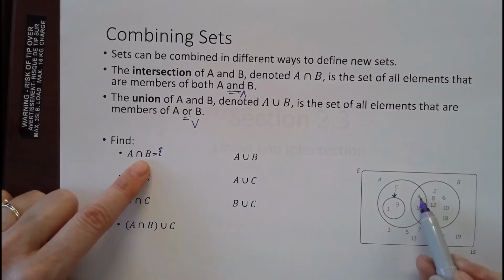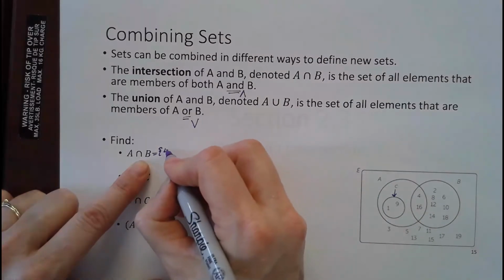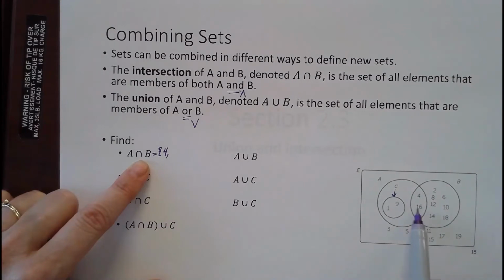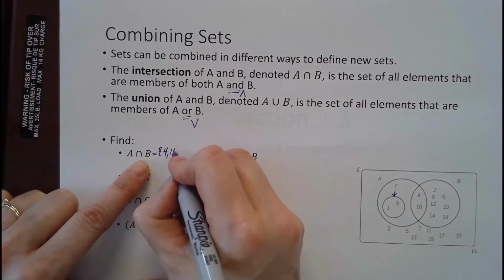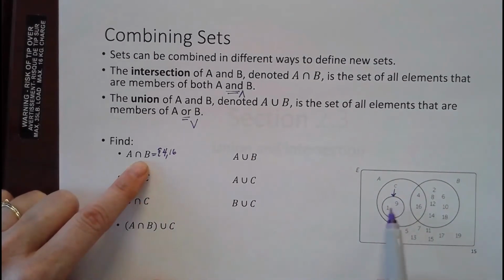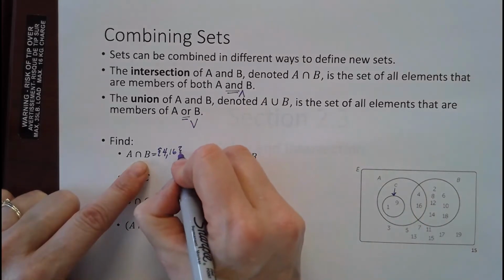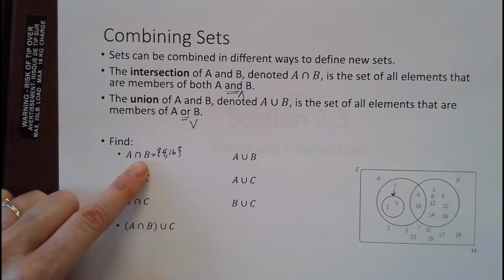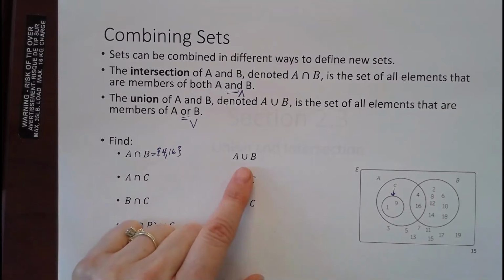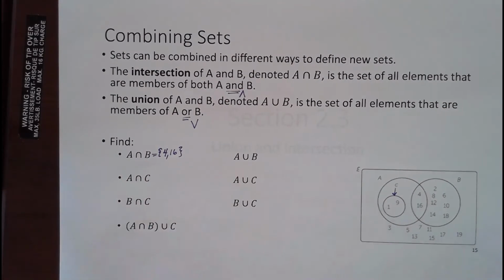So 4 is in A, it's also in B. We could list that one there. 16 is in A, it's also in B. Anything else? 1 and 9 are only in A, not in B. 2, 6, 8, those are only in B, not in A. The only place where they overlap is 4 and 16. That's their intersection. If we go to A union B, that's everything that's in A or B or both, just as long as it's in either A or B or both.